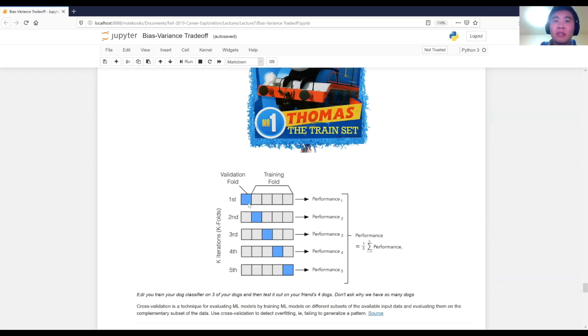So you can see in this diagram here, in the first run of the program, the first segment serves as the validation data, and the next 4 segments serve as the training data. And then the second iteration sees the second segment serve as the validation, and so on.